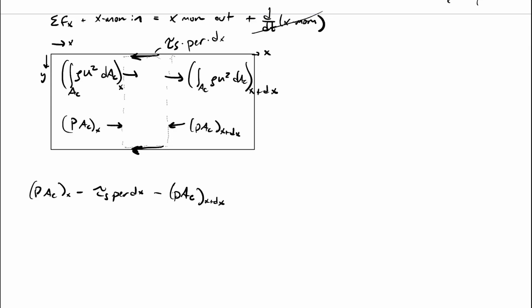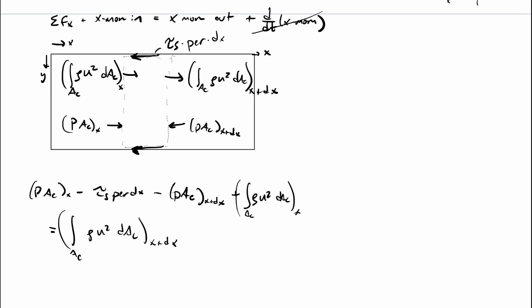It's pressure times cross-sectional area at x minus pressure times cross-sectional area at x plus dx. Okay, so that is the pressure plus the shear, noting that we drew the shear stress to the negative x, so minus tau s times perimeter times dx. And then we have to add to that the momentum part of it. So this is the integral over Ac of rho u squared dAc at x. And that's equal to, on the right-hand side, the area integral of rho u squared dAc at x plus dx.